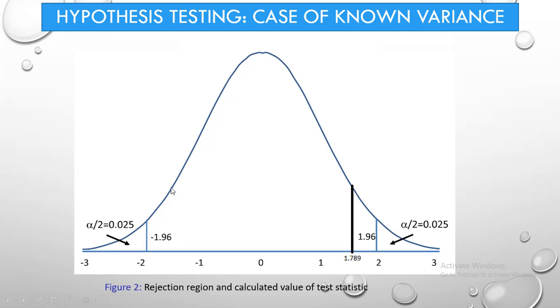So the probability of z less than minus 1.789 on this side, and the probability of z greater than or equal to 1.789. You need to calculate both tail probabilities, or you need to calculate the probability on one side and then multiply by 2. Due to symmetry, the probability on both sides is the same.